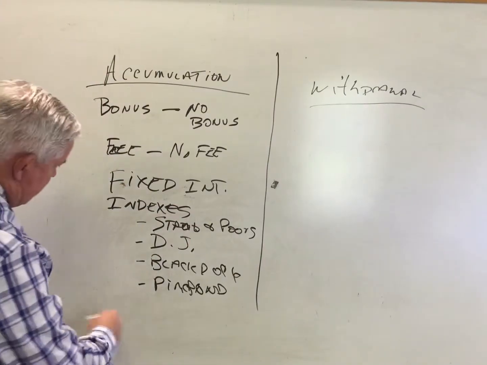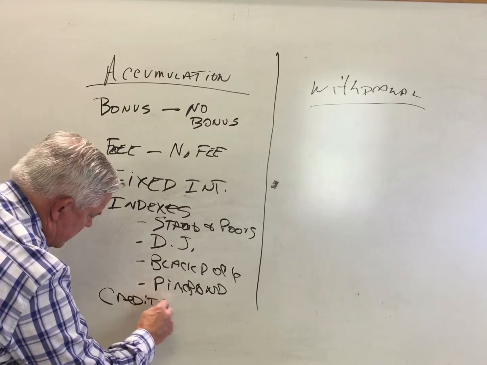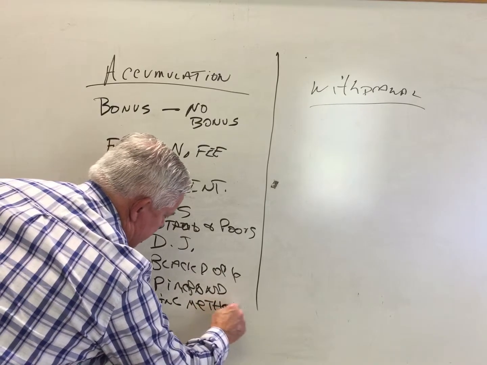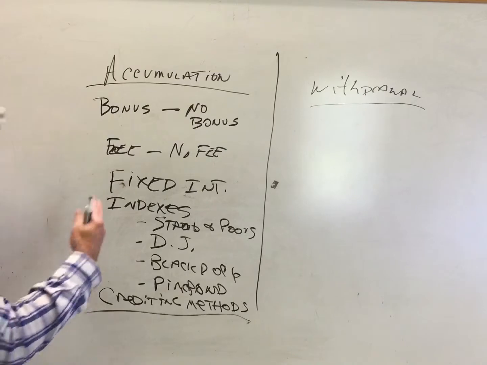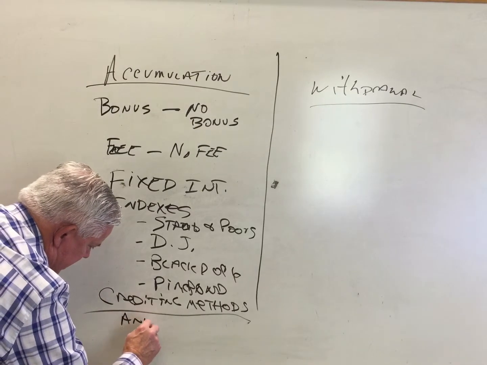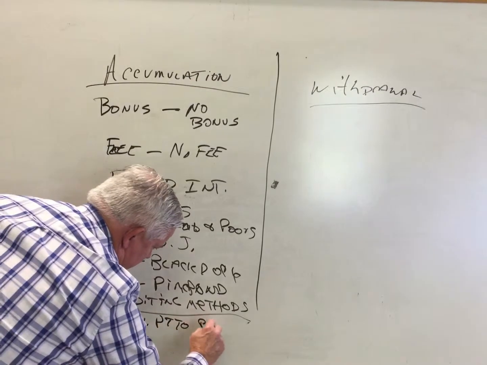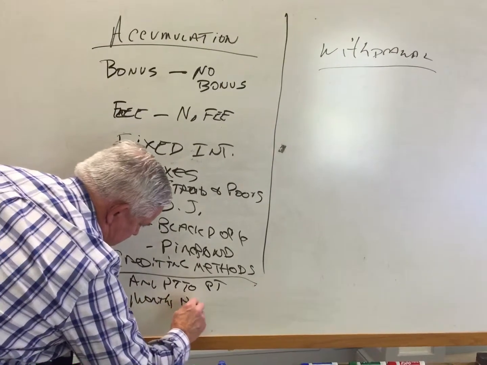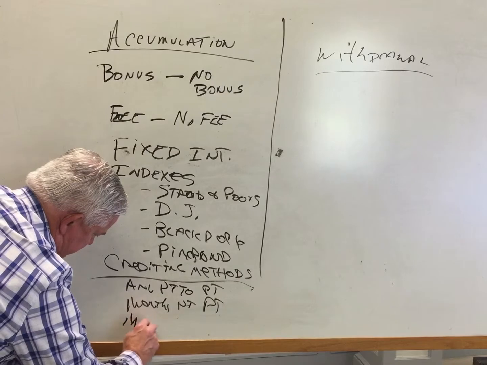You also have different crediting methods, and I'm going to go into this more deeply. You have the annual point to point, then the monthly point to point, then the monthly participation rate.